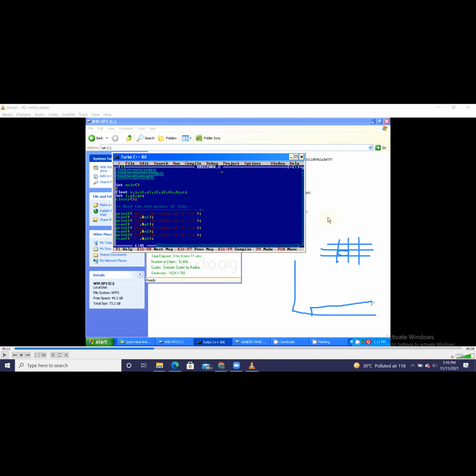So this is your delta x. The value of x is moving faster than the value of y. This is the delta y value. So x increments faster than y.